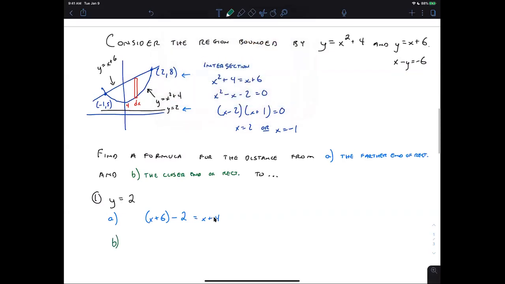So the distance from the closer end of the rectangle to the line y equals 2.